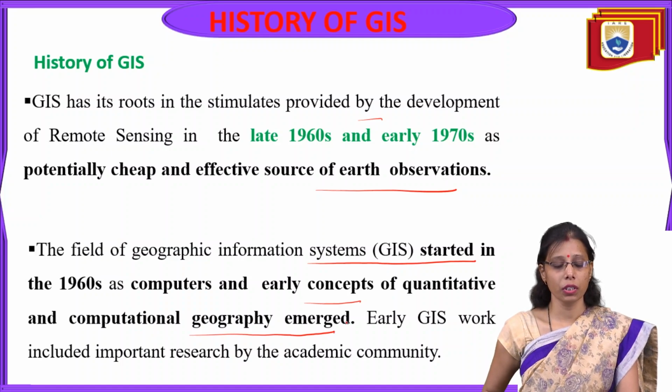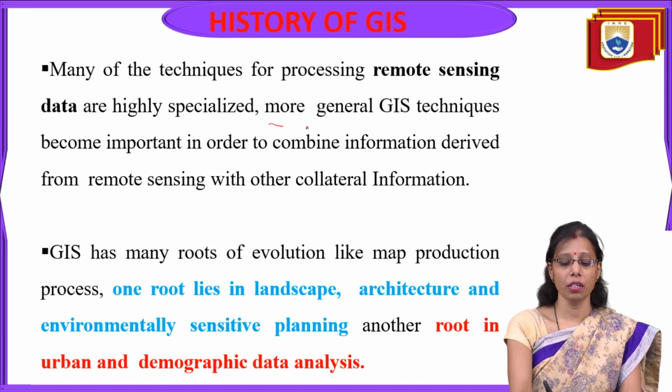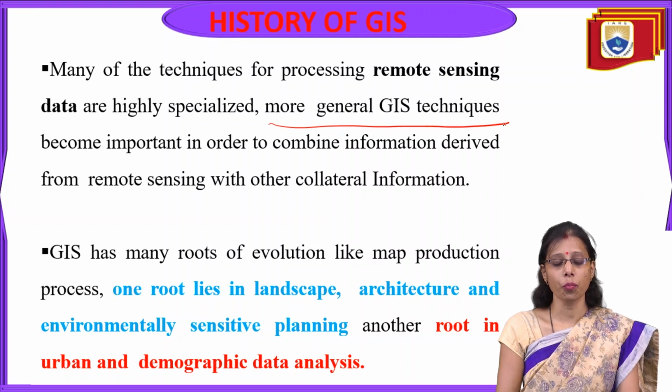Early GIS work included important research by the academic community, and many of the techniques for processing remote sensing data are highly specialized. More general GIS techniques became important in order to combine information derived from remote sensing with other collateral information.